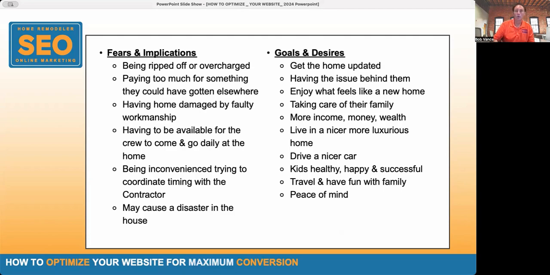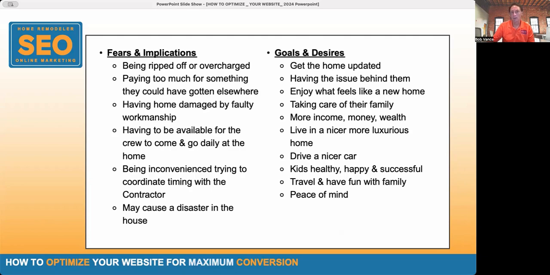And then on the other side of the coin, what is really driving their decision to move forward with a home renovation? Is it because their home has finally gotten to the point it needs an upgrade, or do they just need more room? Maybe they're looking to increase their home's value ahead of an upcoming sale. What is it about their proposed renovation that will give them peace of mind?